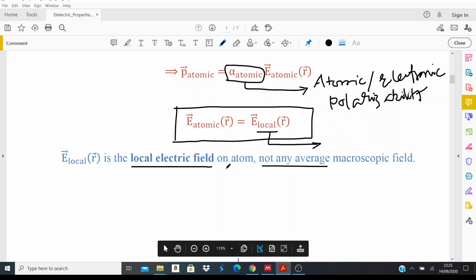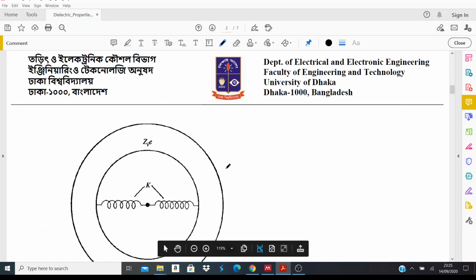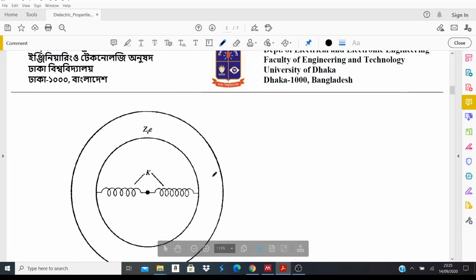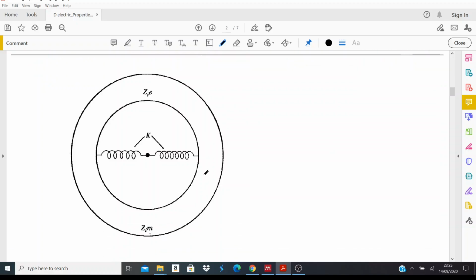Now let's try to understand how we can model this atomic polarizability or polarization. Let's say at the center we have a core, so that's our nucleus.